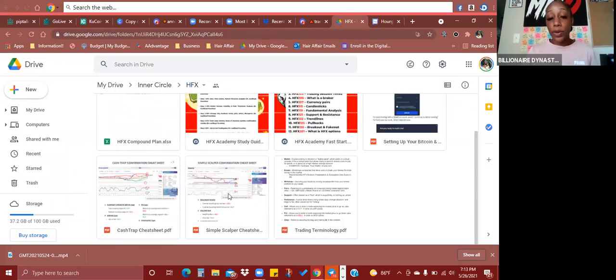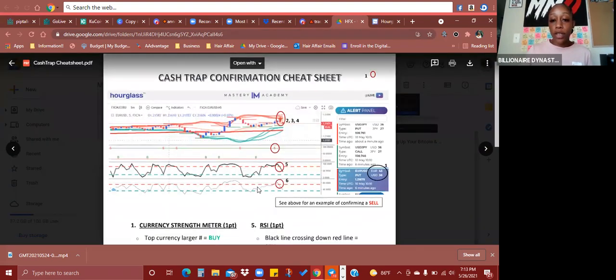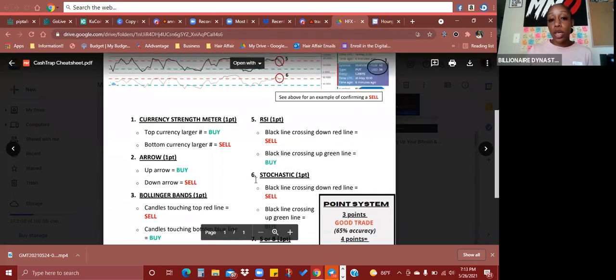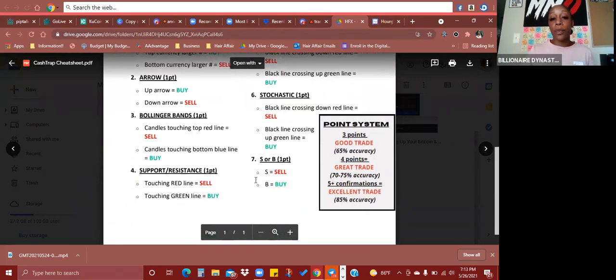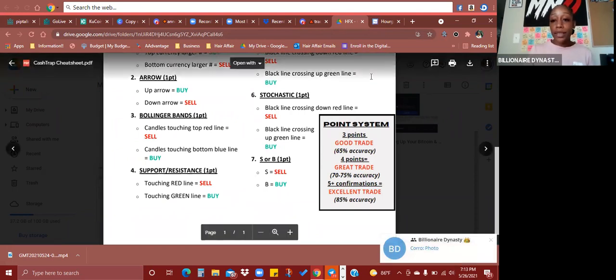You see the same thing for Simple Scalper as well. So the Cashtrap cheat sheet is going to show you all of the confirmations that you can use to be profitable with this app. If I'm going too fast, if you miss something, if you forget it, you can always access it later by clicking on that.